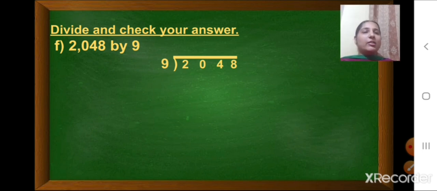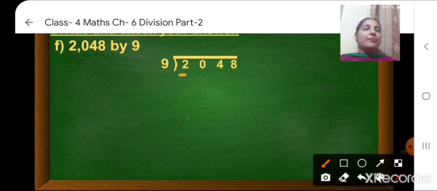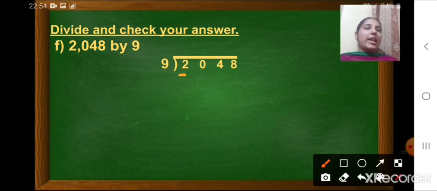Again, children, we will take the first digit, which is 2, but that is smaller, so we will take one more digit from the dividend, so it becomes 20. So how many times will 9 give us 20 or less than 20? 9 1s are 9, 9 2s are 18, 9 3s are 27. 27 will be more, so 9 2 times. So 9 2s are 18.